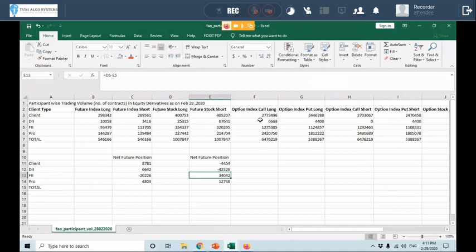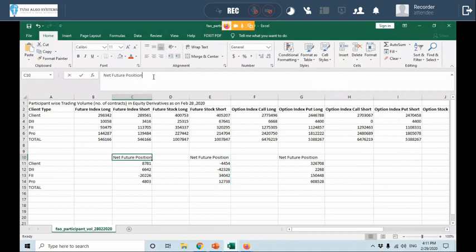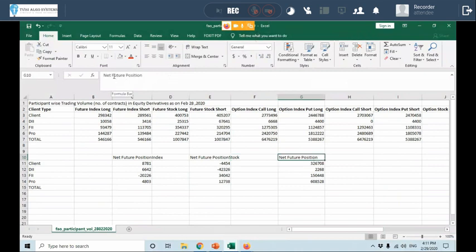Now let's see in calls what they are doing. Net future position index, this is index. This is stock. This analysis is very important, you can't miss this. This is net call position.